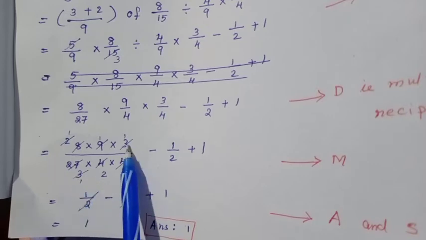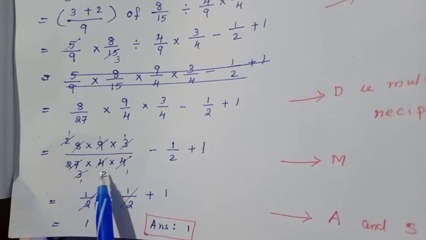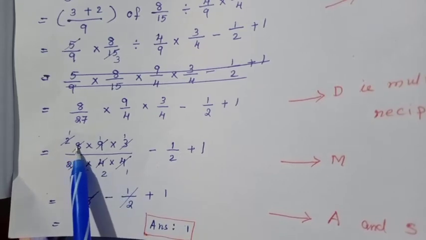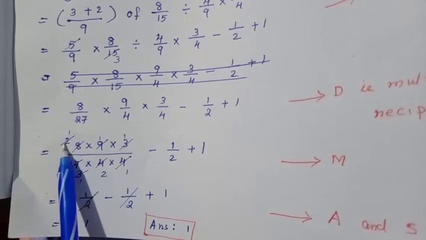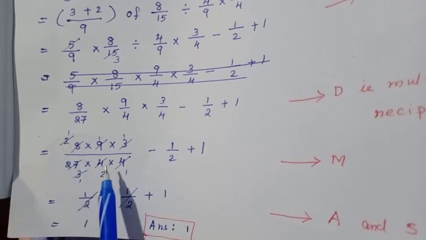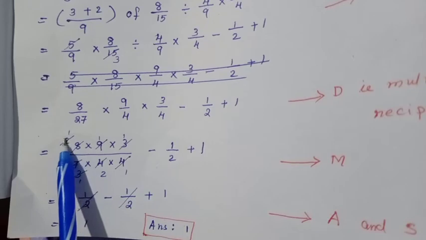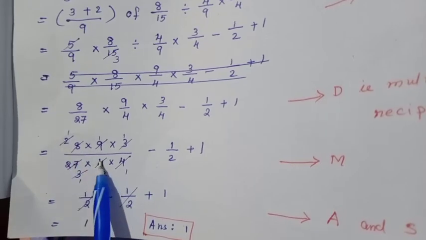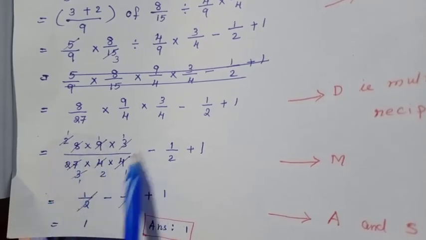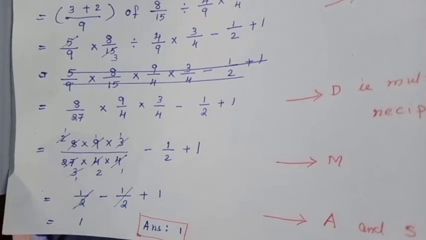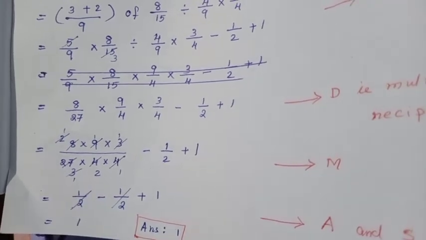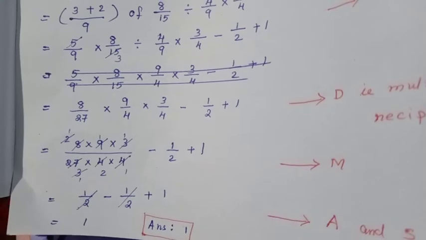Then these 3 and these 3 we are cutting. 4 and 8 we can divide, 4 2 times in 8, then 2 writing 2. Then these 2 and 4, second 4 cutting 2. So all cutting, and the balance remains here. Numerator all numbers cutting, so the answer is 1.